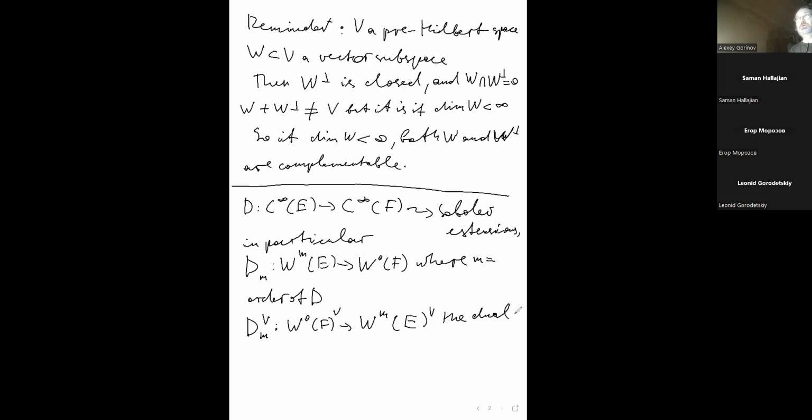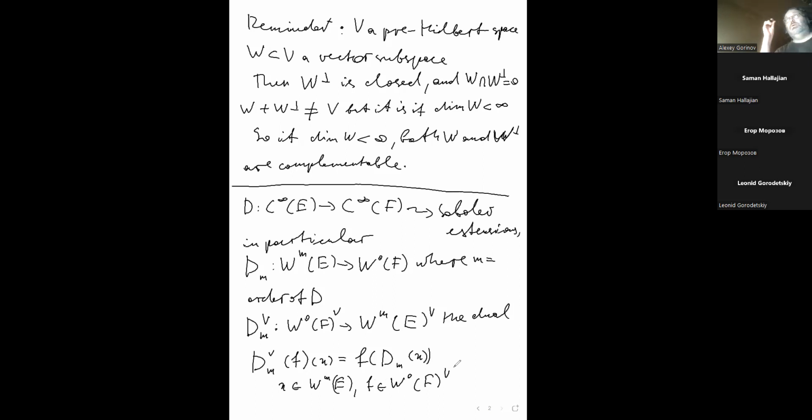Well, once we have a map of vector spaces, we have the dual map, and the definition is straightforward.